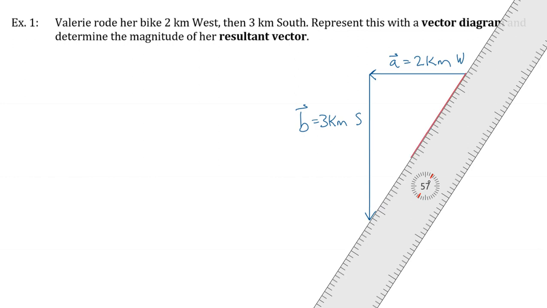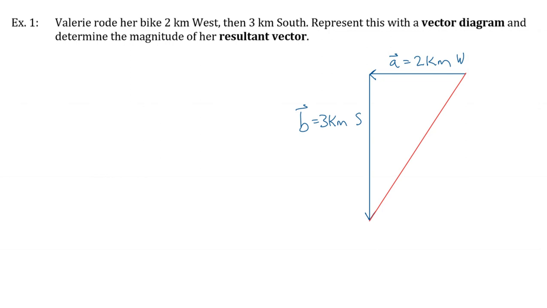So from her very beginning, over the course of the trip to the very end, doesn't matter which path she actually took, where did she start and where did she end, that is my resultant vector. And in this case, it's equal to vector A plus vector B. Okay. R is the standard that we use for the resultant vector. So you'll see that commonly in examples like this.